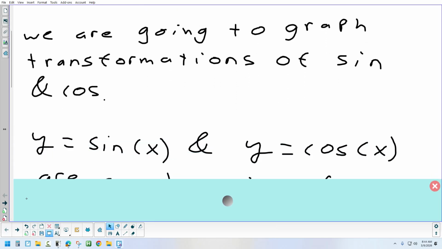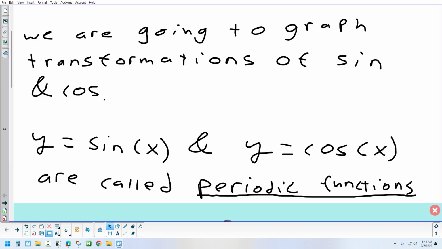So when you have a graph that repeats itself over and over like that, that is called periodic. It's the only function we've studied so far this year that is periodic. No other graph we've done repeats itself over and over. Lines don't do that, parabolas don't, square roots, logarithms, all those other ones we've studied, they don't do that.